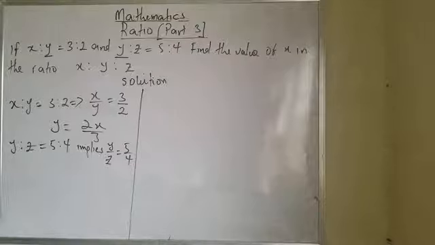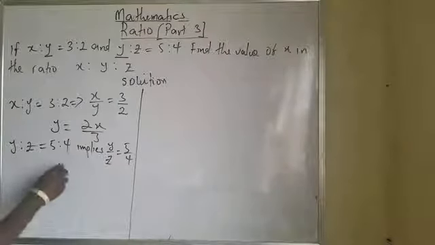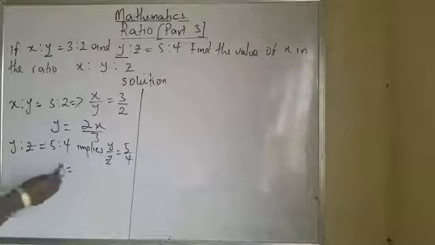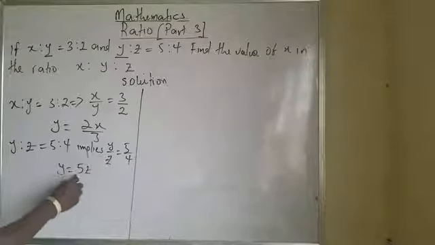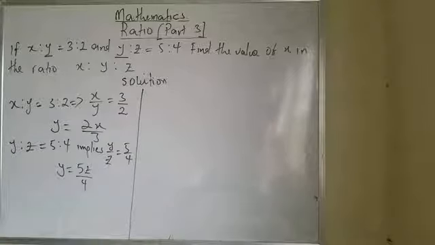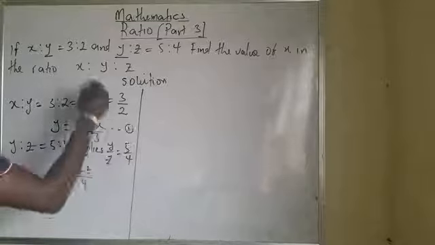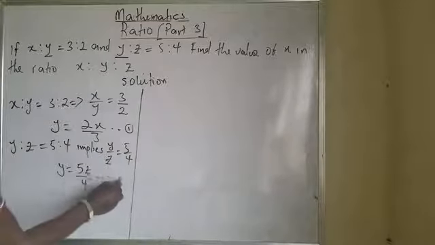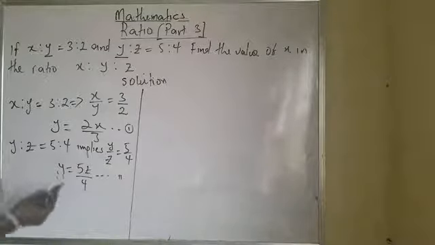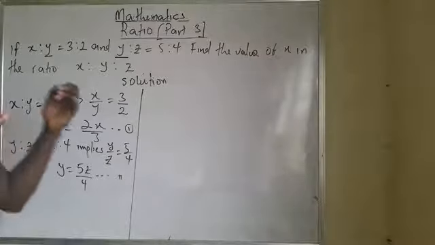Now, it also means y will be equal to 5z divided by 4. Now, this is equation 1, or I can call it equation star, anyhow. Just indicate it so that when you are taking care of those things, you'll be able to refer to it. It's not necessary to put equation 1 there.